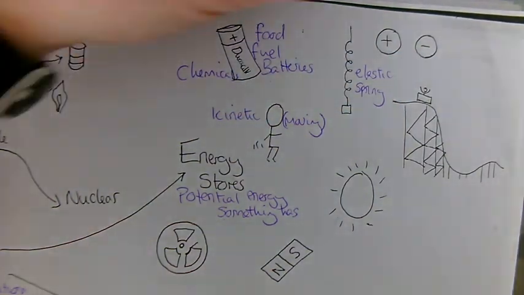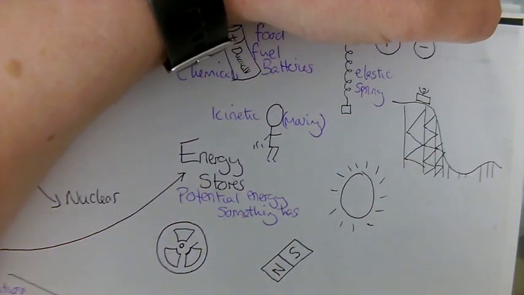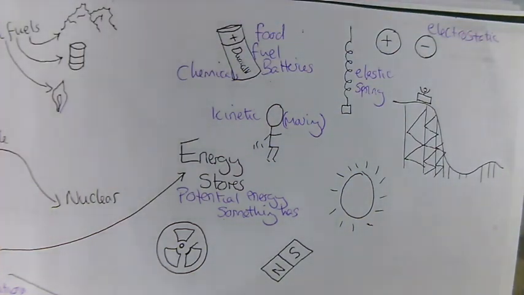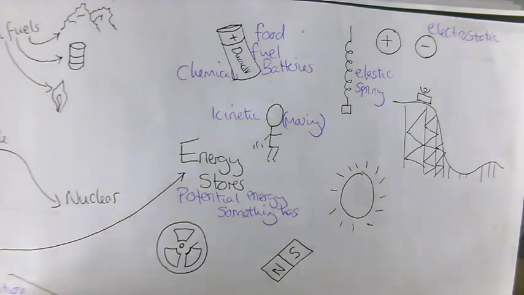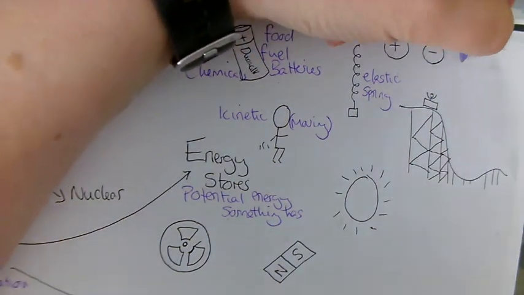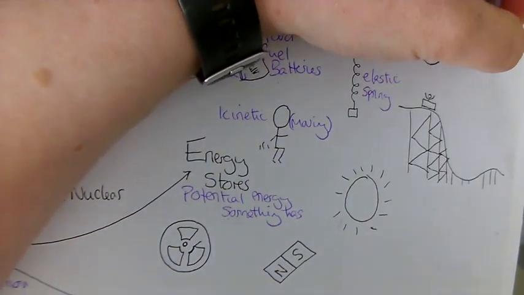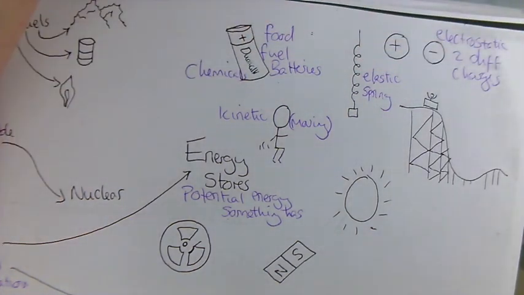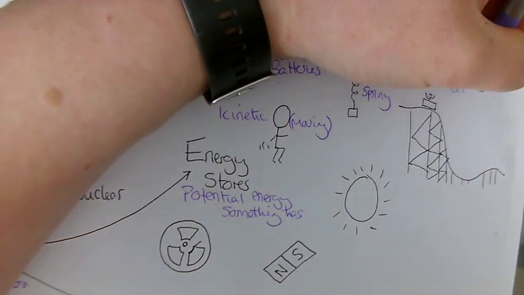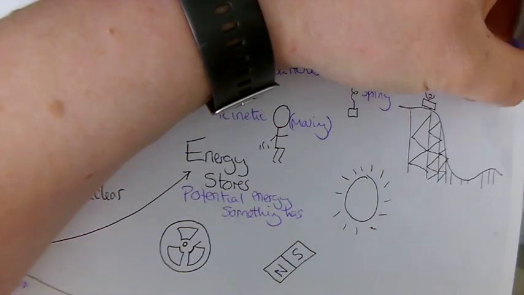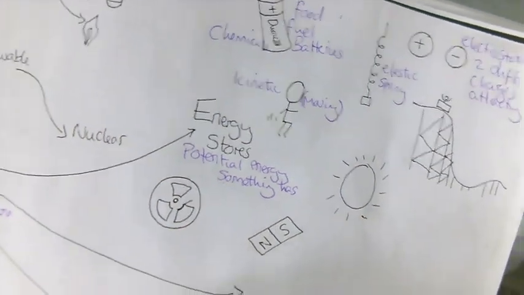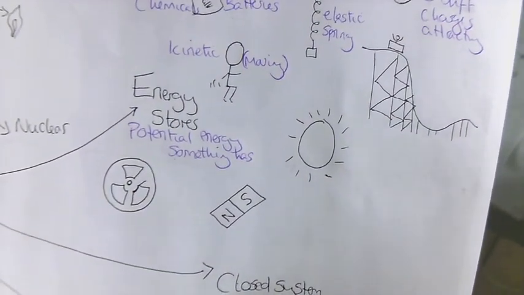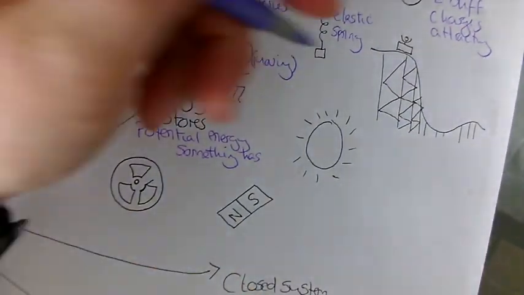We've also got electrostatic. So electrostatic is two different charges attracting. We've then got gravitational potential energy. So that is anything at height.